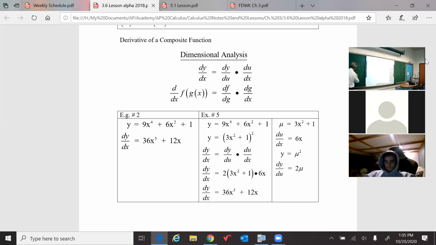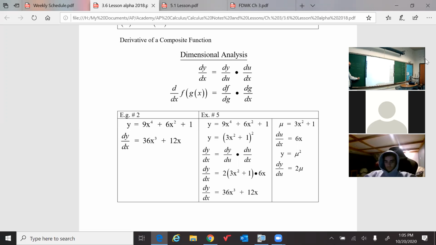This went in there, and it became tan 4x. Recognize that? So if we want the derivative of this composite function, it would be the derivative of f with respect to the inside times the derivative of the inside with respect to x. Good? So what are we missing? We're missing the derivative of this.